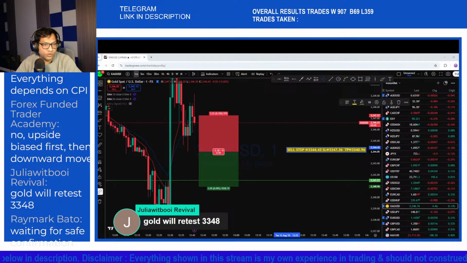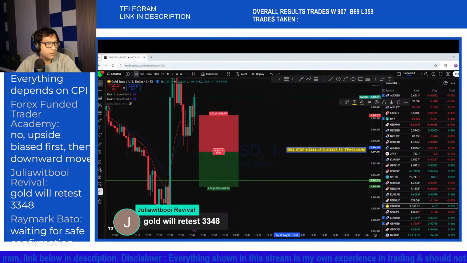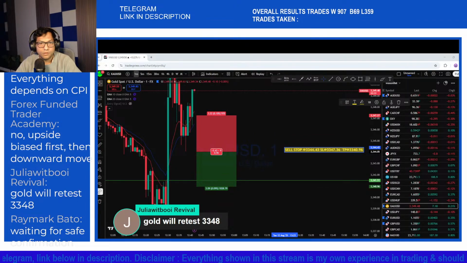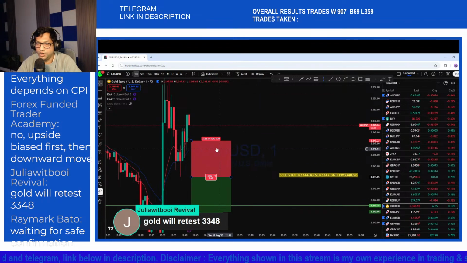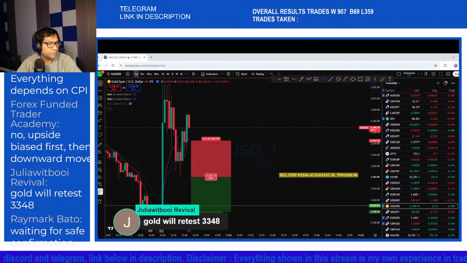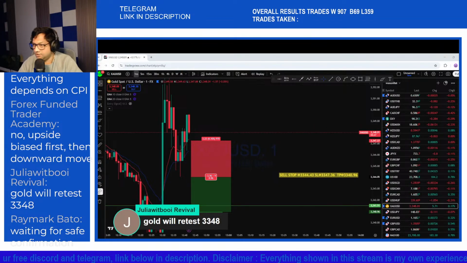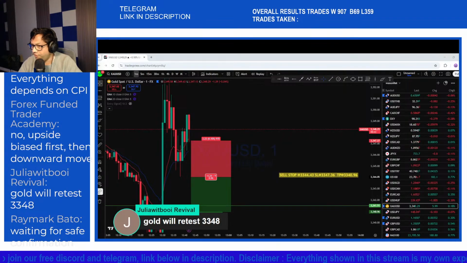There's a potential for a sell here on Xauusd. If the market breaks below, we will be on the trade. Placing sell stop at 3344.05.